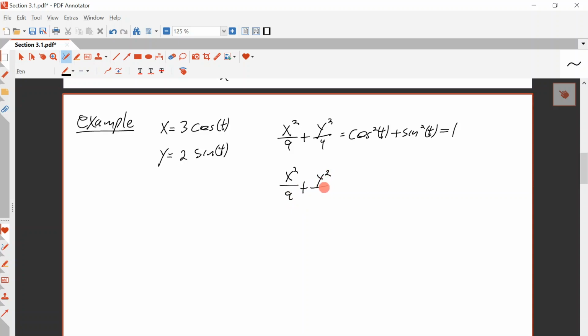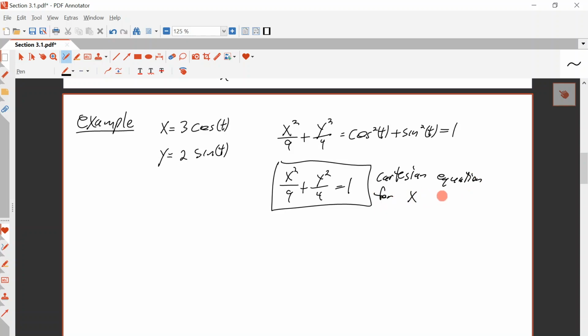Right, so what we did here is we eliminated the parameter t. So this is a Cartesian equation for x and y after eliminating the parameter t.